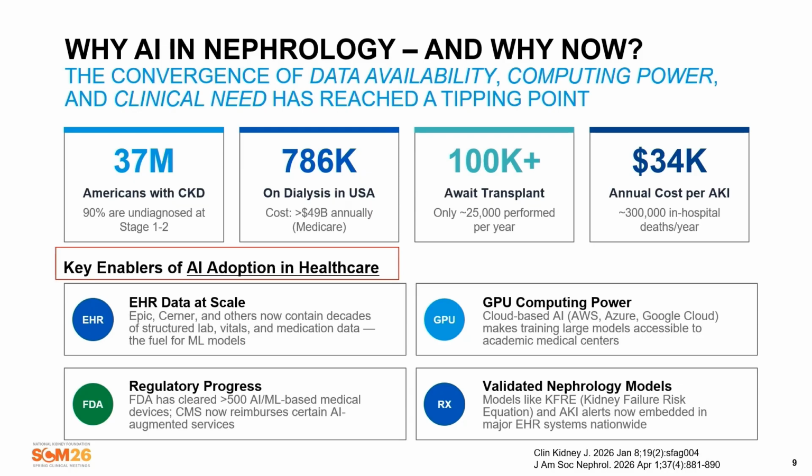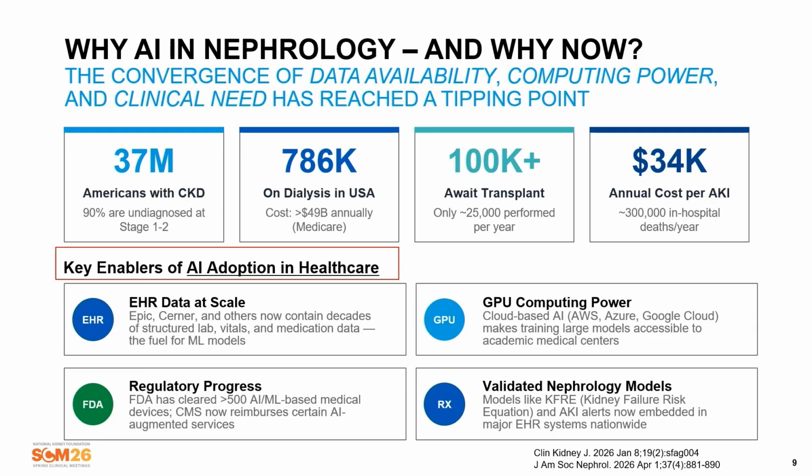So why AI in nephrology? As you know, we have a lot of patients with kidney diseases, and many of them have complex diseases like glomerular disease, for example. Our patients also have a lot of comorbidities that we need to pay attention to. Many patients are on dialysis, and many are waiting for a kidney transplant.